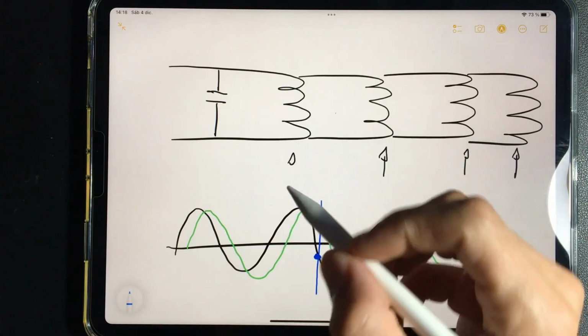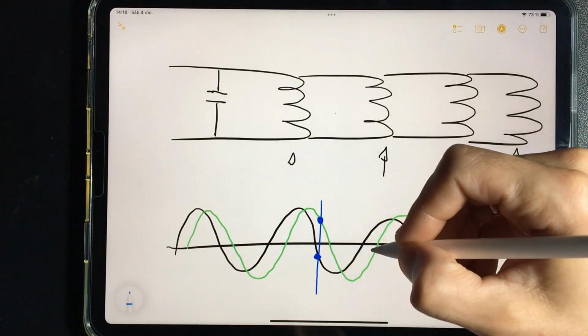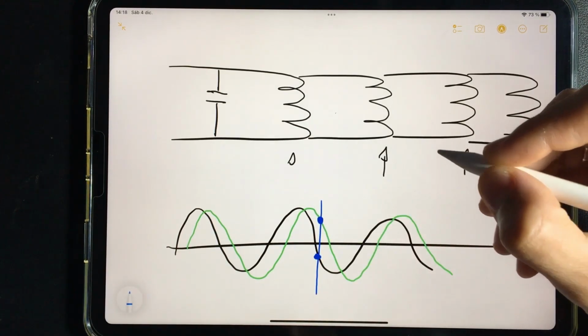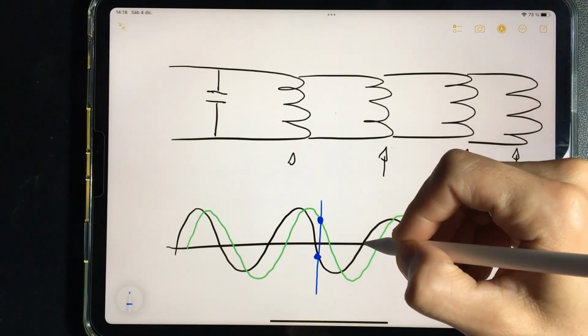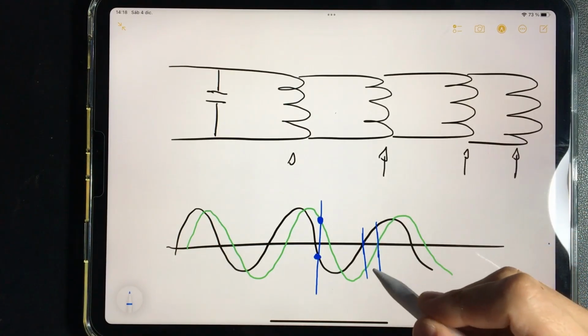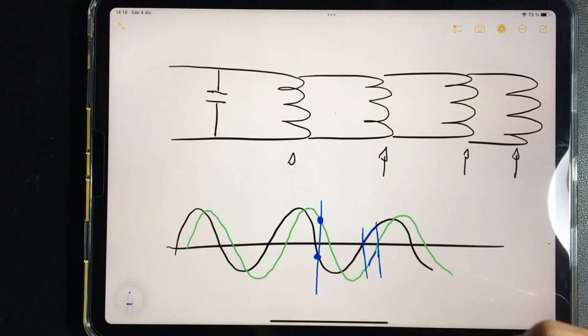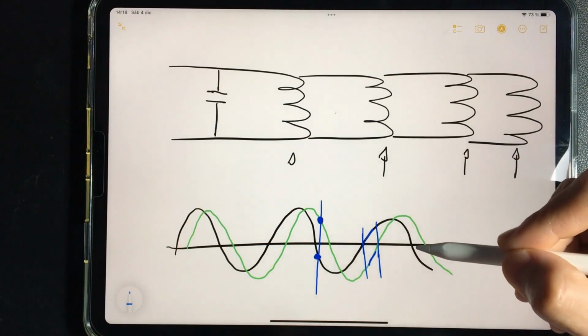At that moment, these will be pushing electrons to the opposite side. So there are certain moments in time, from here to here, where the coils push to one side and the electricity to the other. Here we are fine because we are on the same side.